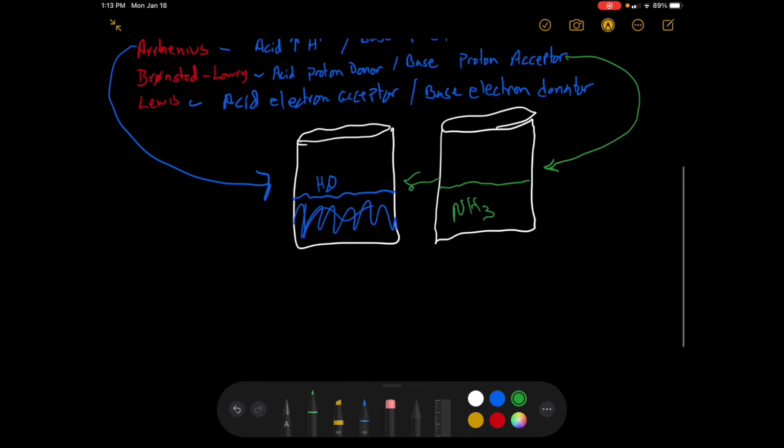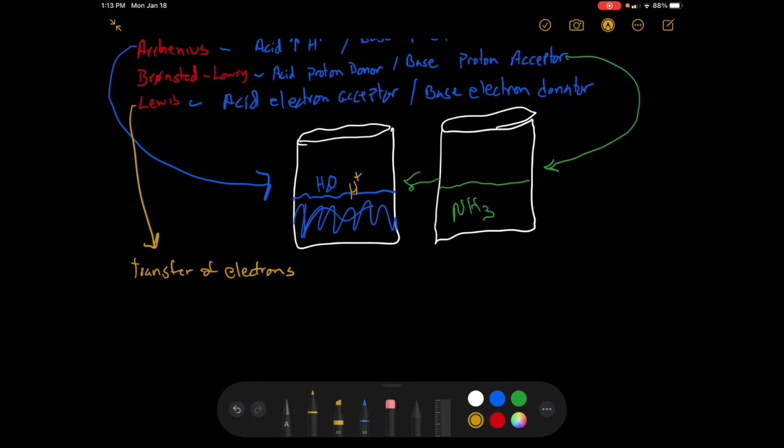And then Lewis, Lewis Dot, he was interested in the transfer of electrons. And so he made it available to even take it out of solution. So you didn't necessarily have a solution. But one thing you need to remember is that when you're dealing with acids and water, free hydrogen ions, if you put a hydrogen ion in here, it's not going to exist by itself.